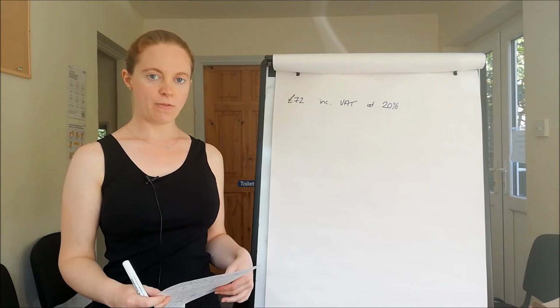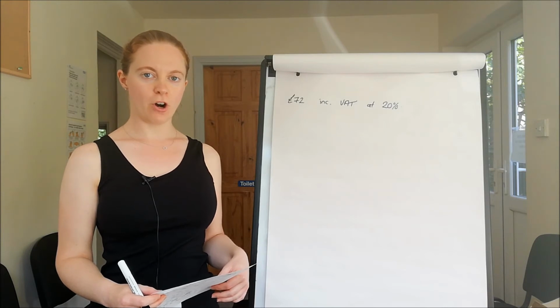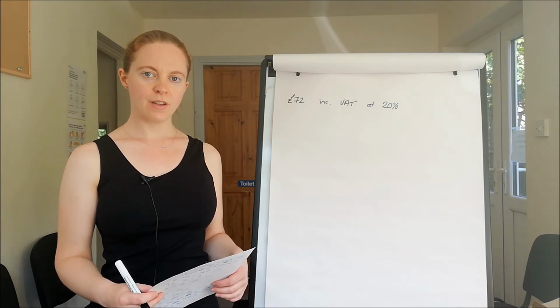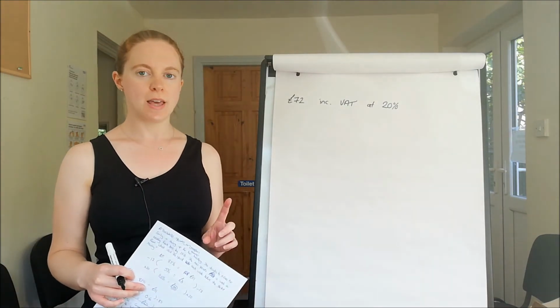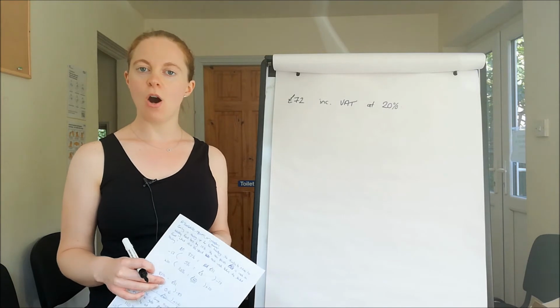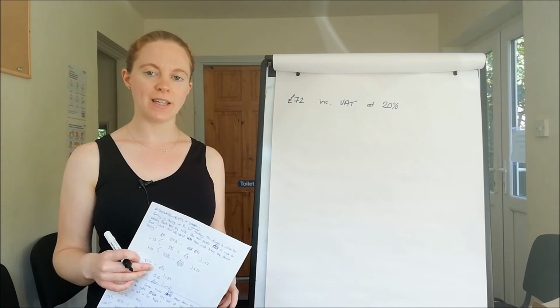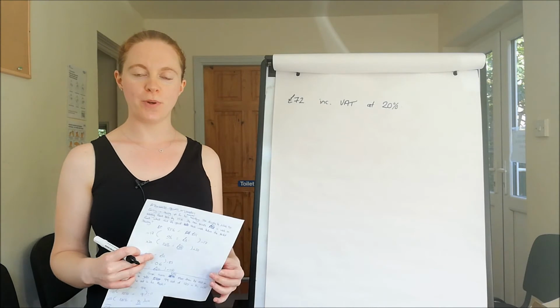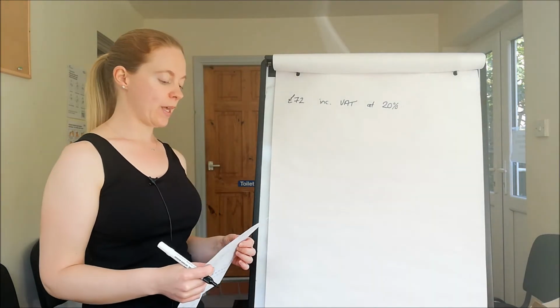What is the value of the goods before VAT is added? Now, if you're not sure how VAT works, what it actually is, then go back and watch the second video in the percentage series, because I explain about VAT and how it works in that video. But they're very fond of VAT questions on exams, so it's definitely worth doing a reverse percentage in a VAT context. We'll do this one without a calculator.